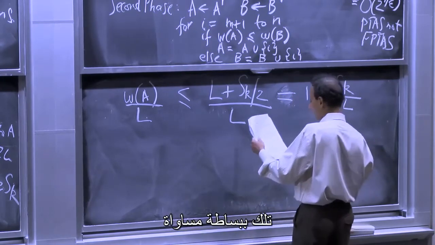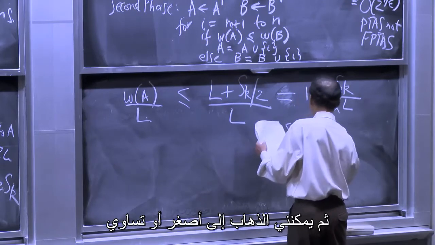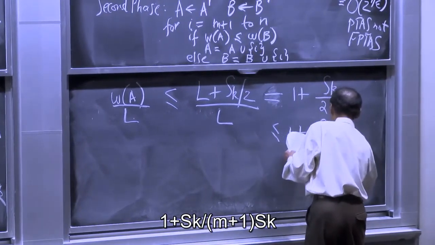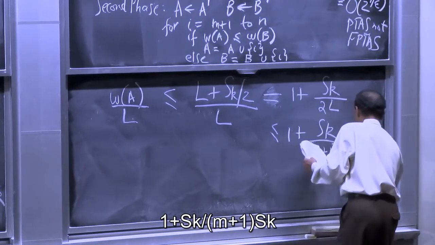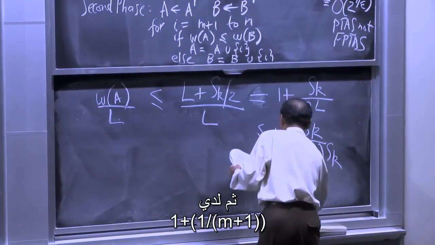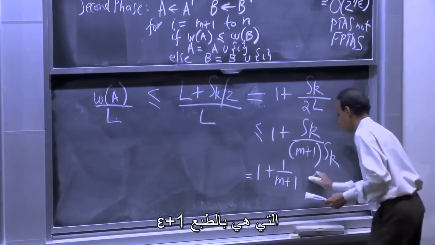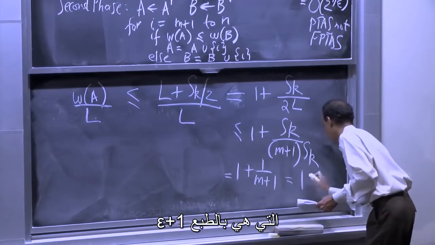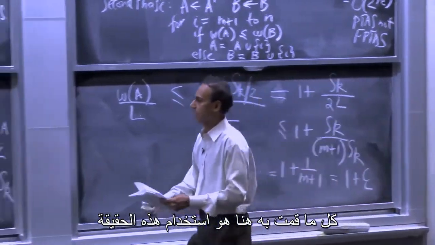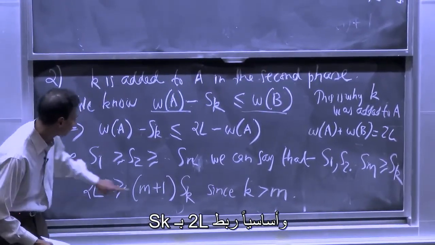That's simply equal. This I have the less than or equal to, and then I can go less than or equal to 1 plus Sk divided by m plus 1 Sk, and then I got 1 plus 1 divided by m plus 1, which is of course 1 plus epsilon. So all I did here was use this fact and essentially relate 2L to SK.